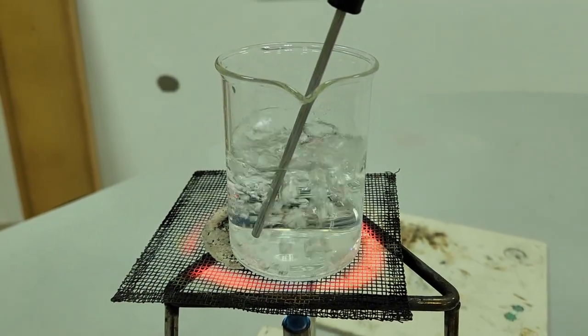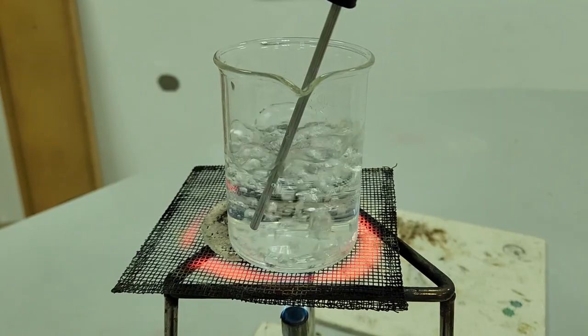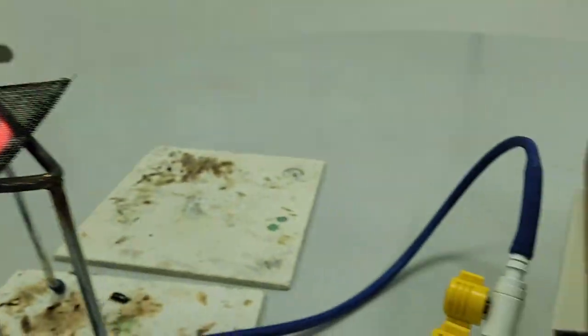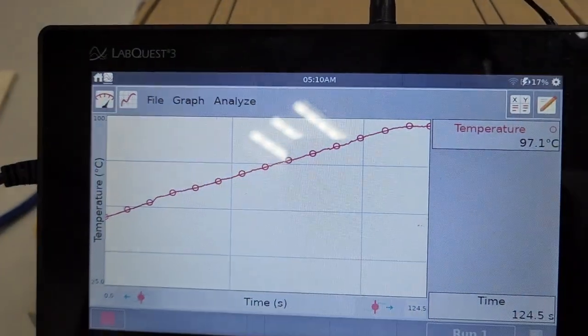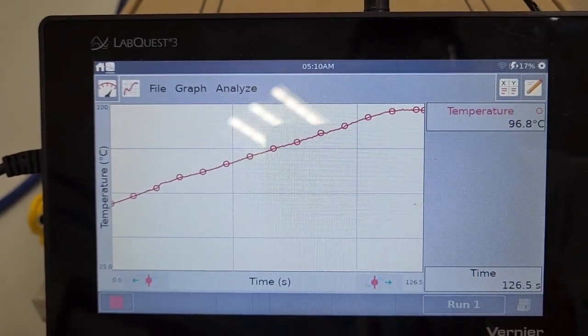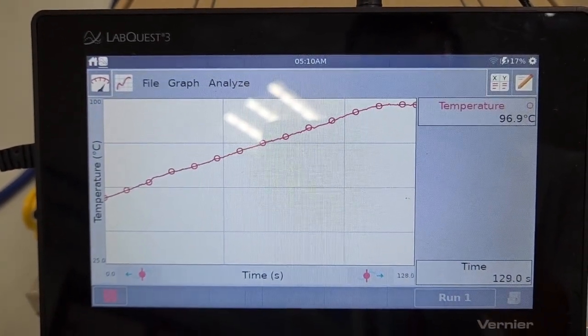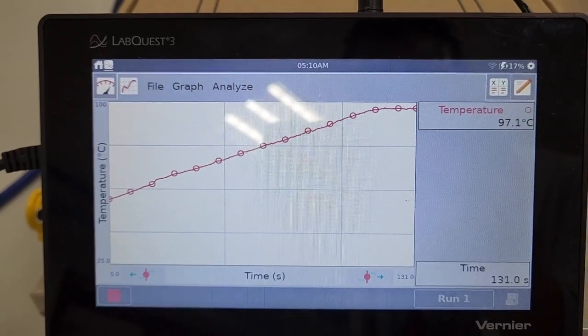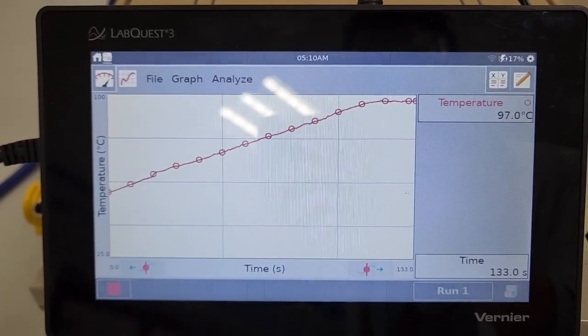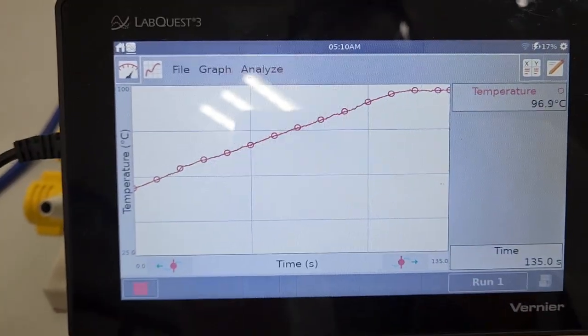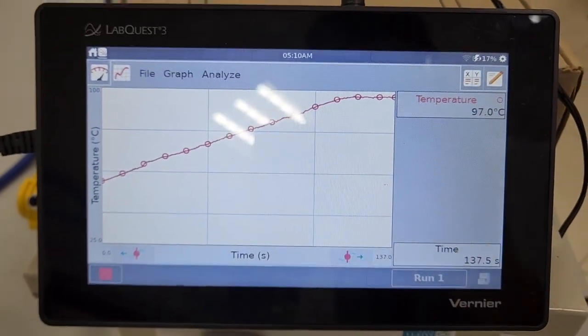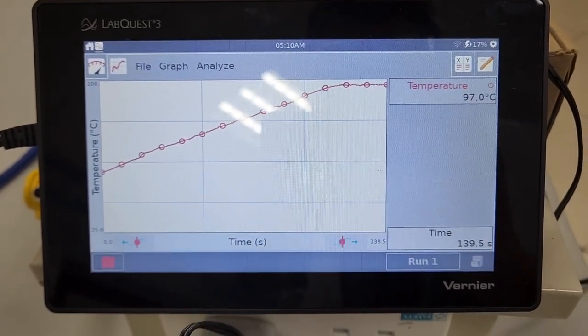Okay, the water is starting to boil, as you can see. We've got our graph of temperature against time. And you can see the graph has started to plateau, started to level off.